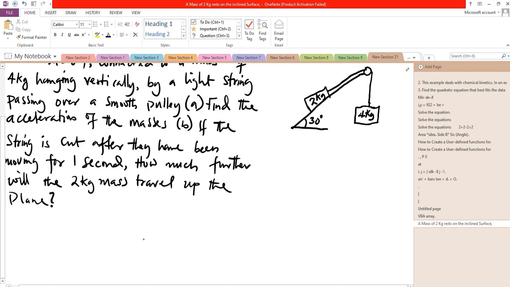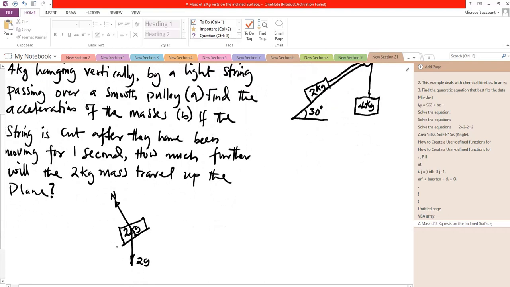So now you have the 2 kg mass on the inclined plane. Now from here you have the normal reaction, which is N. The weight of the object, which is 2 times acceleration due to gravity.